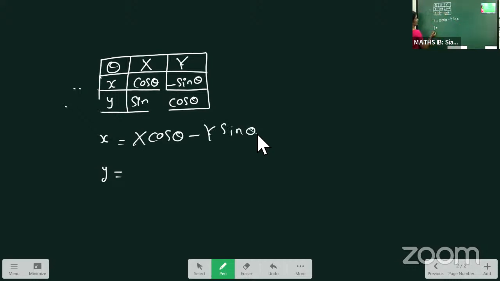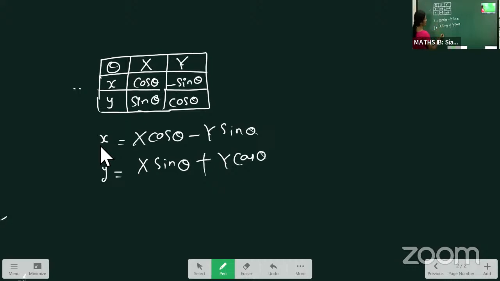Then similarly, if you want to write small y, close small x, this upper part, and write capital X into sin theta. There is no symbol, which means it is always plus. Plus capital Y cos theta.